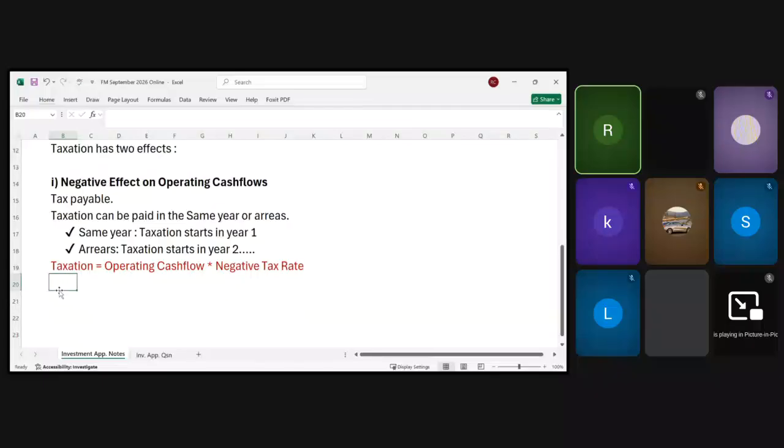All right, let's just have a small example here. We have operating cash flows given below. The tax rate is 30%, payable in arrears.